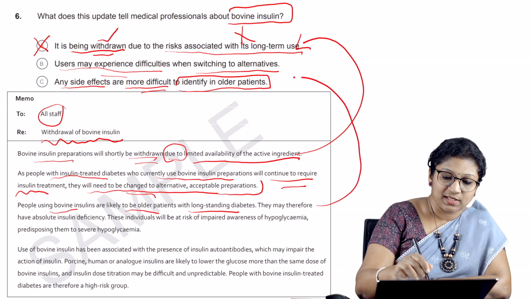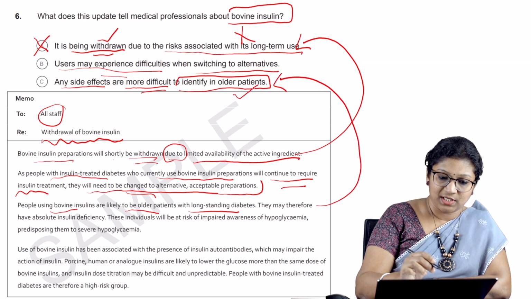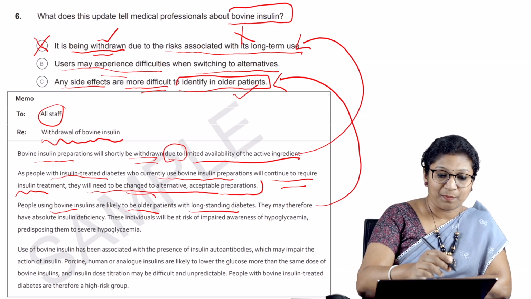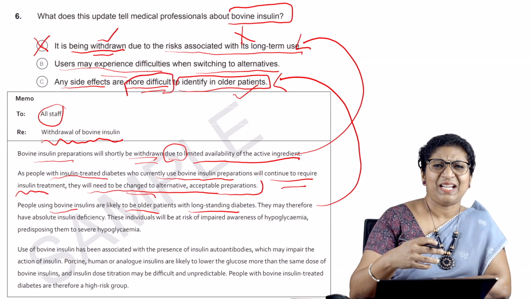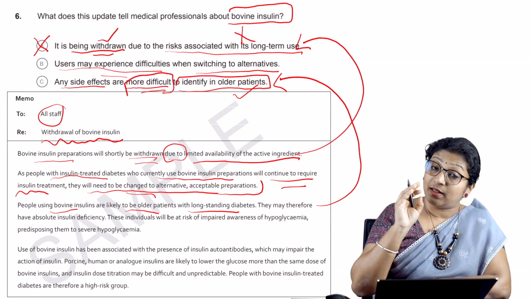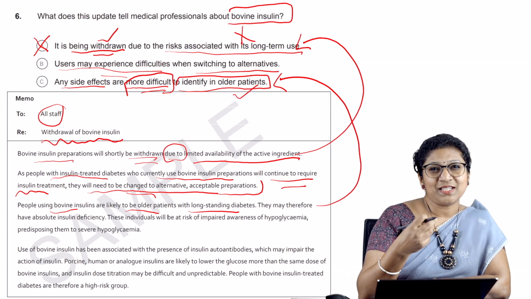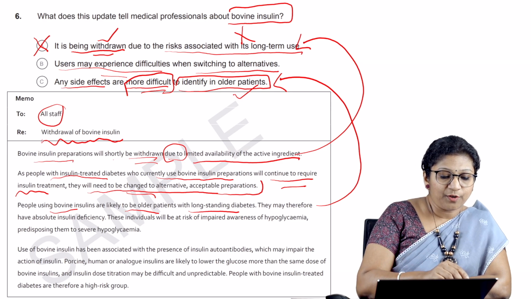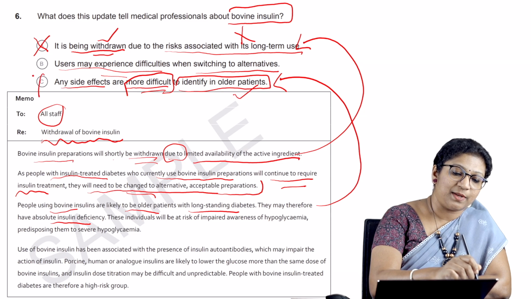So do you remember this? They are older patients with long-standing problems, but there is no mention of identifying or diagnosis being difficult. They may therefore have absolute insulin deficiency, which means we can easily eliminate option C.